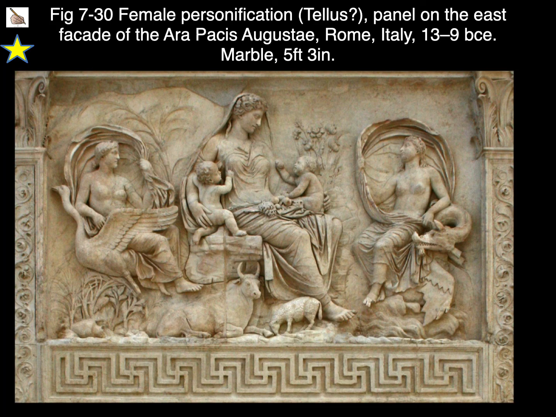It's the attribution of a personal nature or human characteristics to something non-human, or the representation of an abstract quality in human form. So here you see the personifications of refreshing breezes, note their wind-blown drapery, that flank her. The earth, sky, and water are all elements of this picture of peace and fertility in the Augustan cosmos.